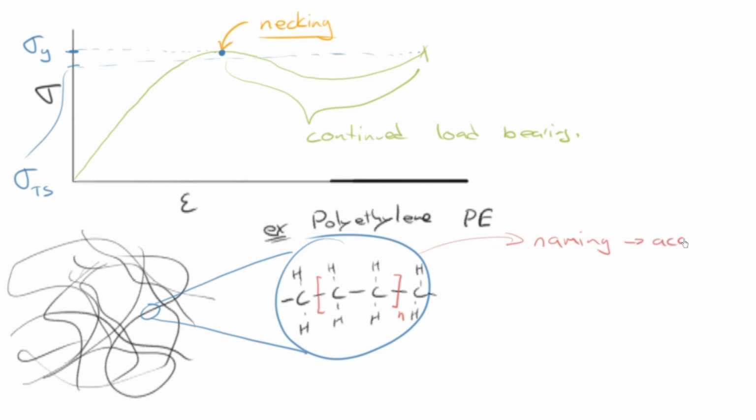And I'll tell you this, that the naming is according to what we started with, the starting molecule. And in the case of polyethylene, we start with this molecule here, C double bond C with 4 H's altogether, 4 hydrogens.